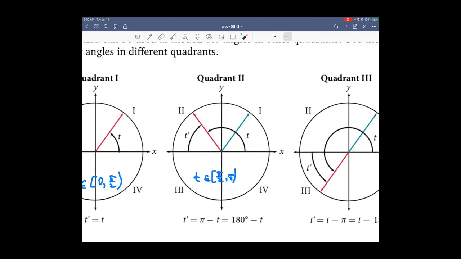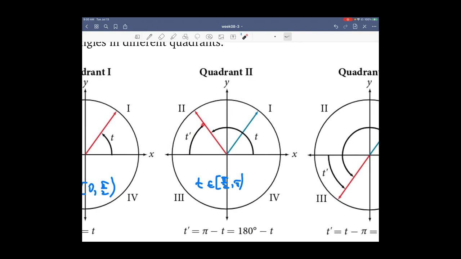I believe in the picture, the arrow must be not in that direction, but in that direction. This is the reference angle. Of course, that reference angle is simply pi, half revolution, minus angle t.